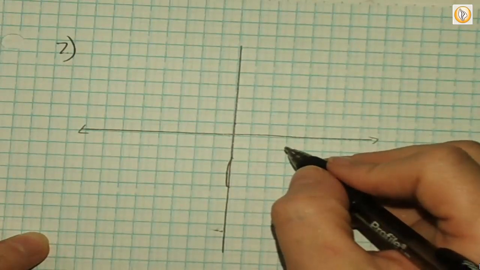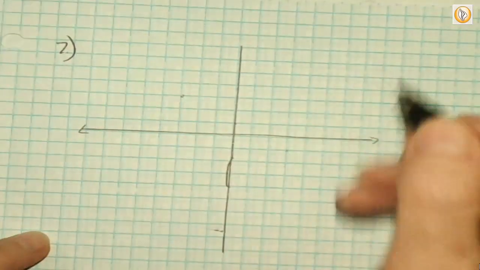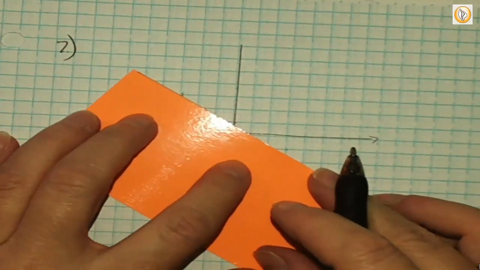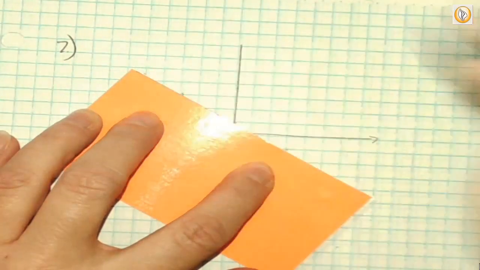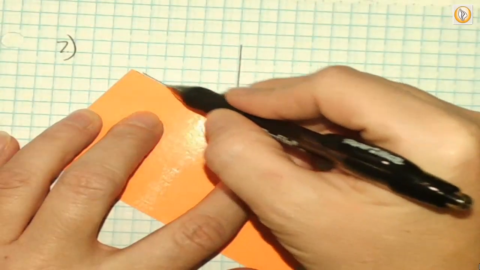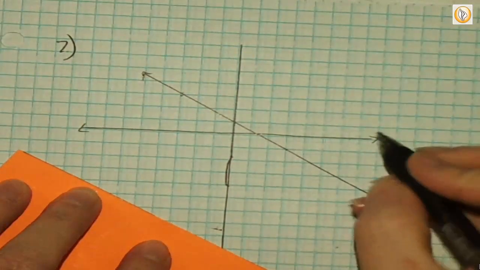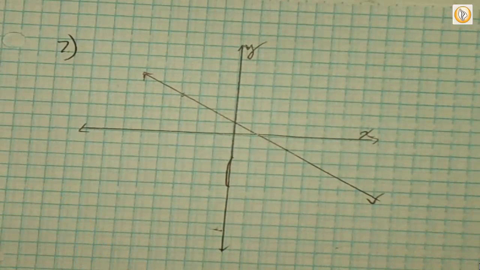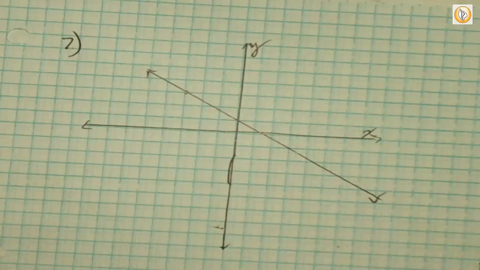One, two, three. Okay, so this is in your book. This is your X, this is your Y. All right, so this is the graph that's in your book. This one right here. Do y'all see that in your book?